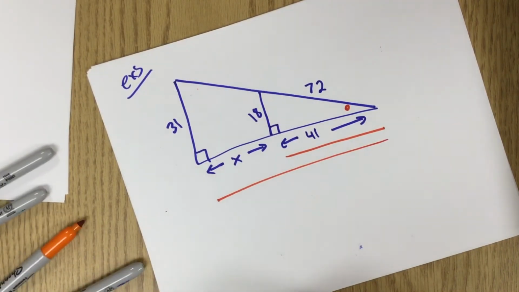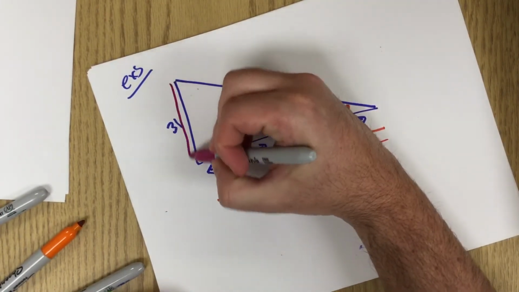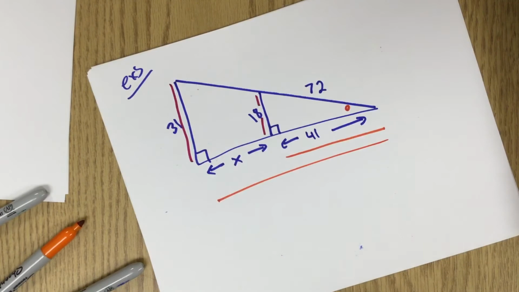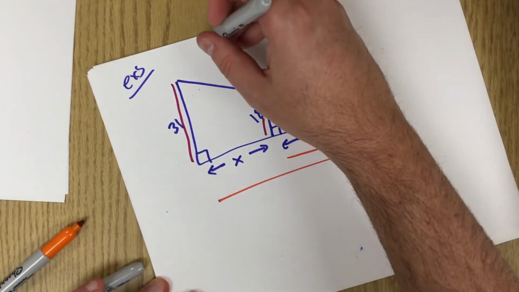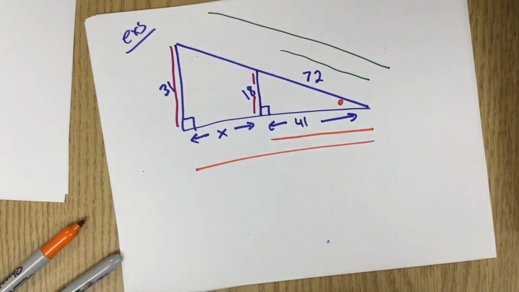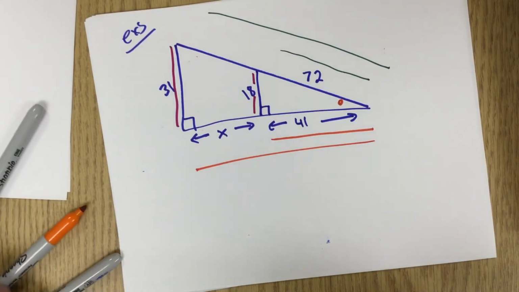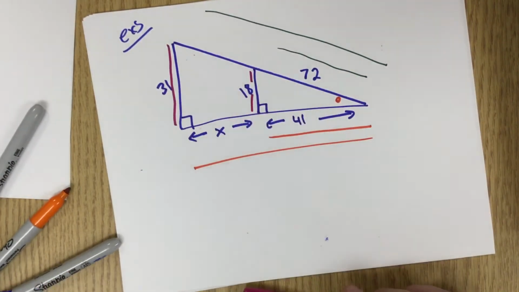We know that the 18 corresponds to this over here. And then we know that orange to nothing, this corresponds to that. So the small triangle does not have the x, the big triangle does have the x.